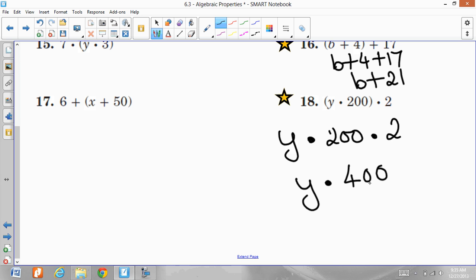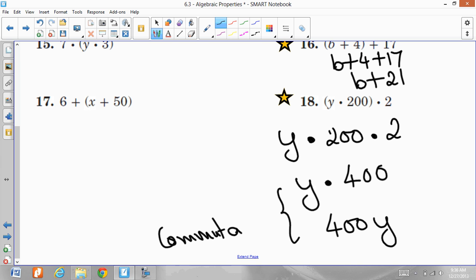And usually, now I'm going to use the commutative property and I'm going to switch them and I'm going to get 400y. So from here to here, I used commutative property to switch the two numbers. From here to here, I have used the associative property by multiplying and grouping 200 and 2 first and getting 400.